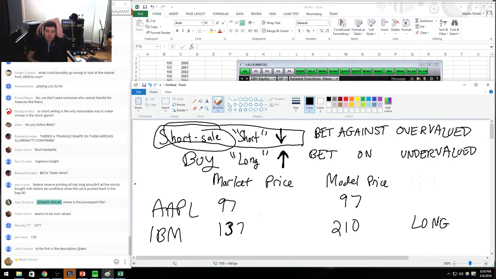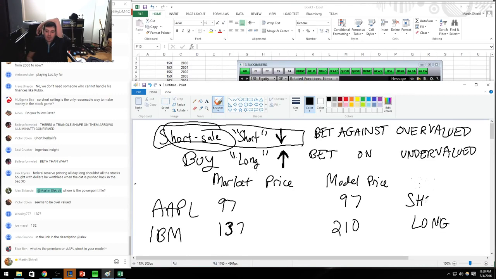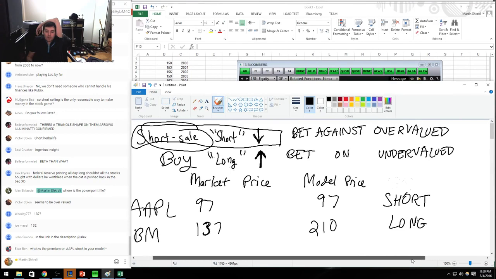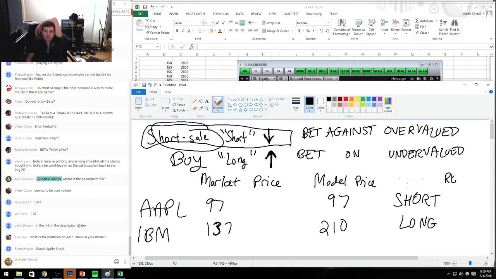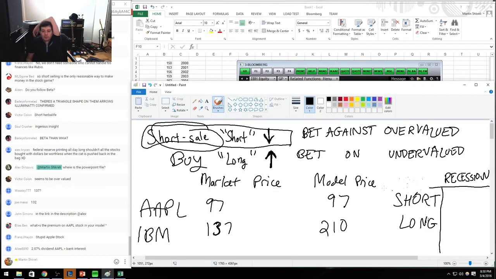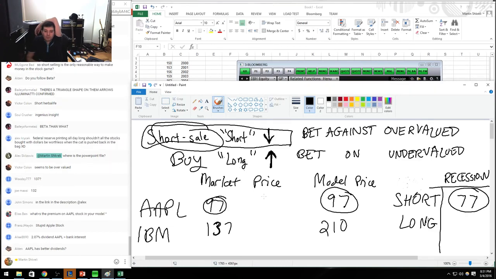But if we're short Apple at the same time, and let's say there's a terrible recession scenario, because we haven't had one in 8 years, and they tend to happen every 10 years or so, Apple will go from 97 to, say, 77. So we'll make a lot of money on our short, $20 per share. And hopefully IBM goes from 137 to only 127.